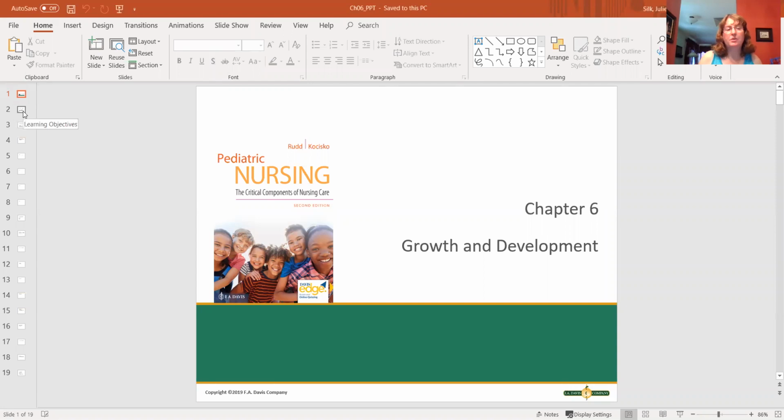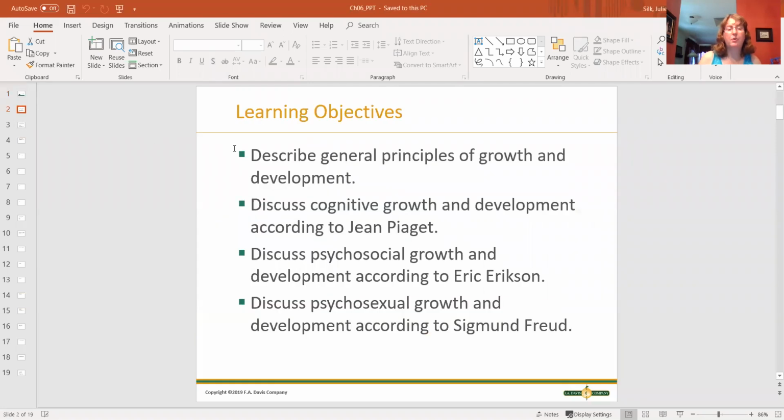All right, so this has to do with growth and development. In this chapter, it says we're going to describe general principles of growth and development. We're going to discuss cognitive growth development according to Jean Piaget, psychosocial growth and development according to Erik Erikson, and psychosexual growth and development according to Sigmund Freud.